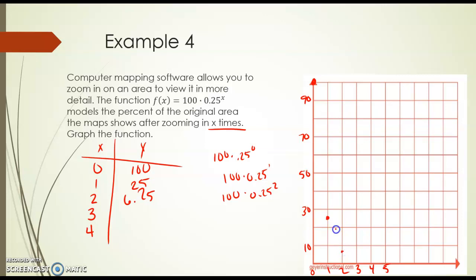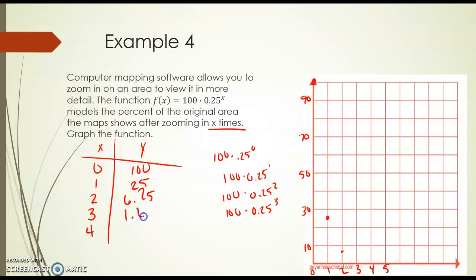And if we plug in 3, we're going to have 100 times 0.25 cubed. So 0.25 cubed is 0.015625, right? Pretty big decimal there. We're going to take that times 100. And I'm not going to graph all the way out to all the decimals.